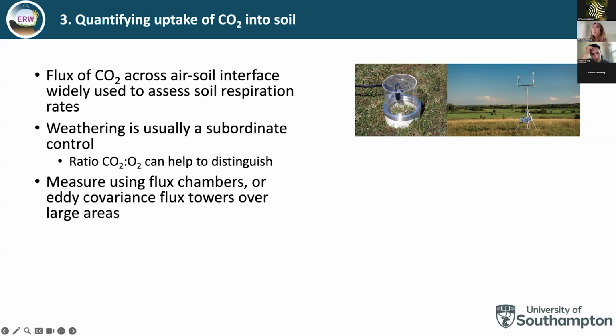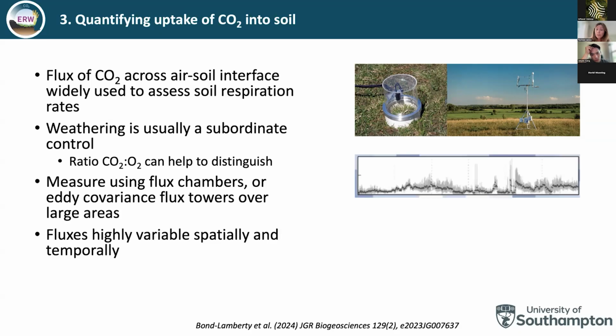So how do we do that? We can use, on the right-hand side here, at small scale, these flux chambers, and over larger scales, we can use eddy covariance flux towers to quantify carbon dioxide exchange. The issues with this are that soil respiration dominates the carbon dioxide flux, and those respiration fluxes are incredibly variable.